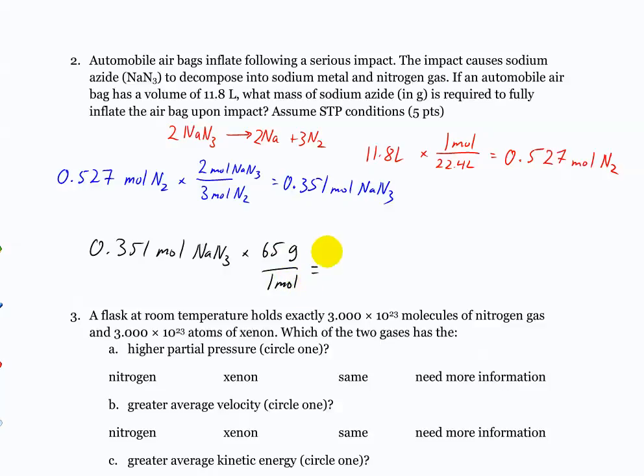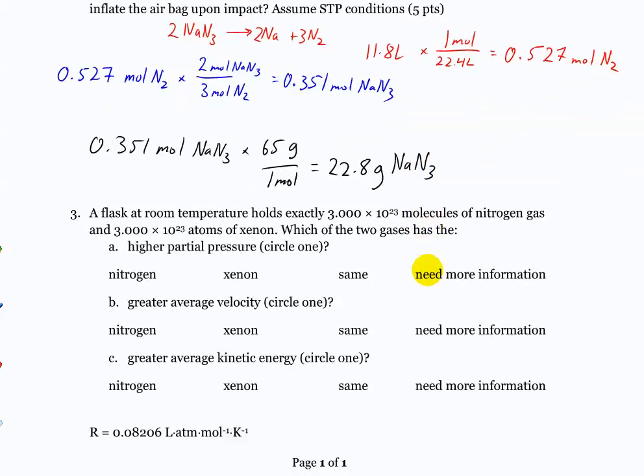Roughly 22.8. So that's how many grams of sodium azide you need. When I wrote this question in, I was considering not telling you the formula for sodium azide, but I ended up putting it in there. So know that azide is an ion that you should know for the future, N3 minus.